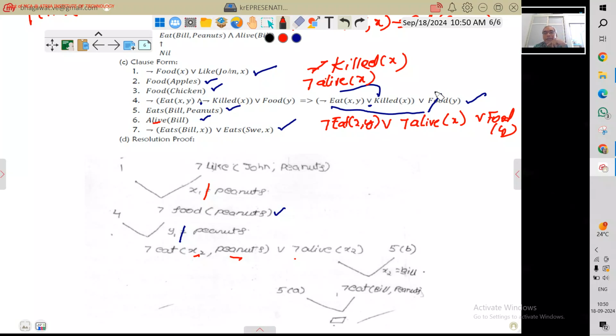Now if you add that, in this step when you cancel this food, you are going to get negation eat of x comma peanuts or not alive x.